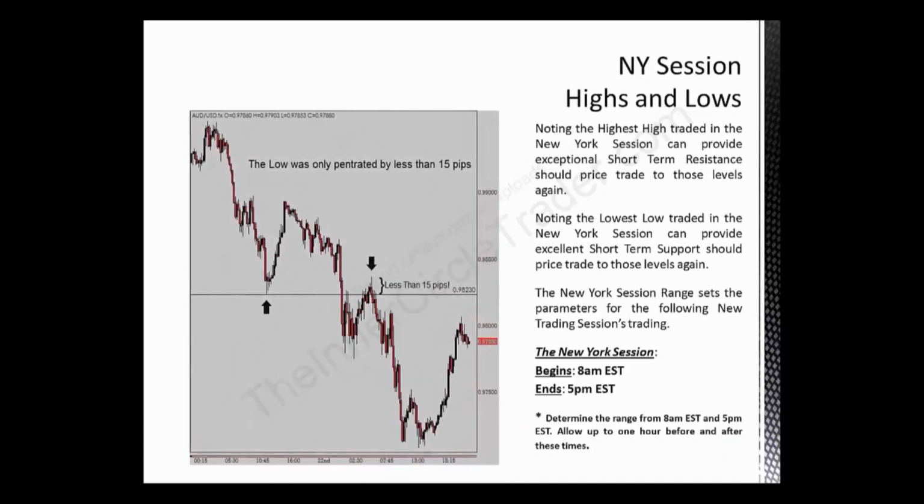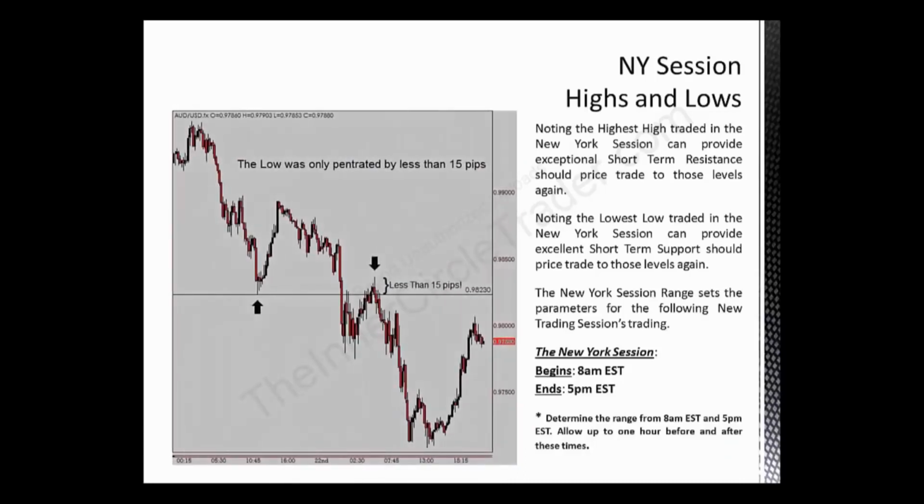And obviously the New York session highs and lows will be influential for the new Asian session that starts up. Okay, so the calendar that follows the sun around the globe here in the planet Earth and the investment world, trading day, whatever session highs and lows form in the New York session, okay, are going to be influential during the Asian session.